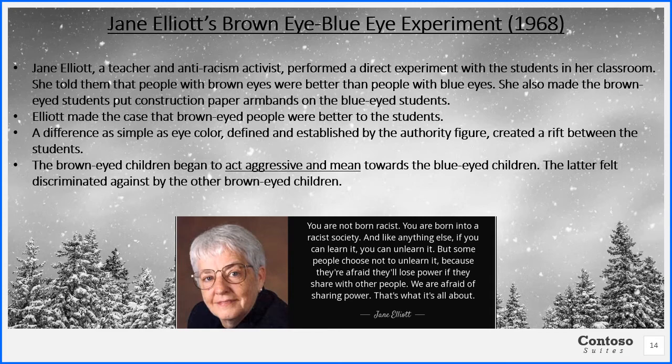Right, then we have the Jane Elliott study. Jane Elliott was an elementary school teacher back in the 60s and 70s, and she conducted this brown eye, blue eye experiment.